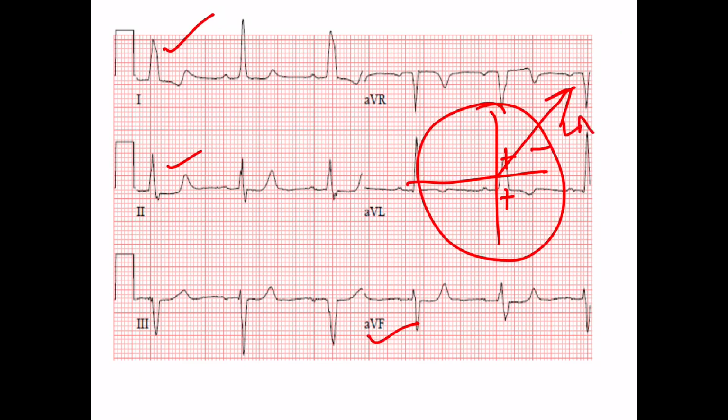This is left axis deviation. We have to see now lead 2. In lead 2, the net direction of the QRS complexes is positive. So when we have left axis deviation and lead 2 has a positive net vector, we call it a physiological LAD.